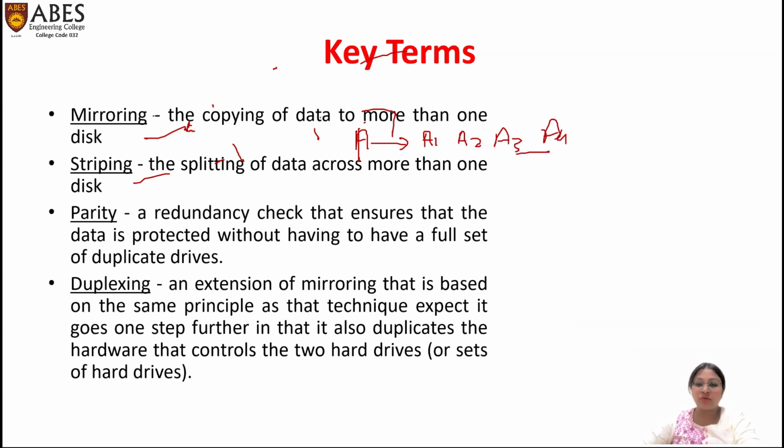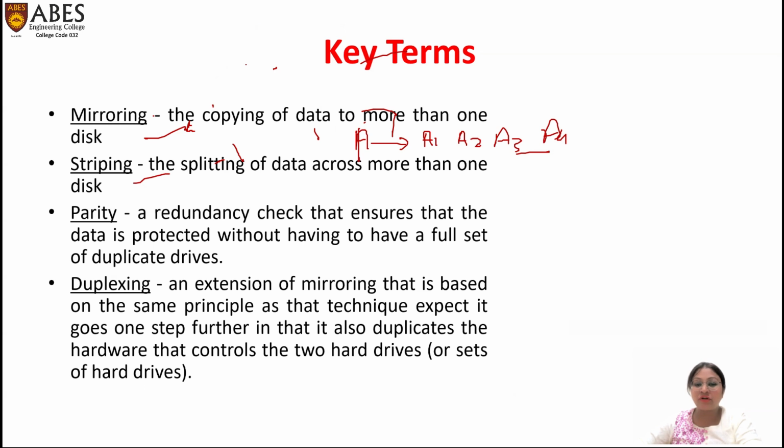Parity means, as you all know, that in data networking, when data is stored in the drives, the parity of that data helps protect it. And if we want the full set of data from all the duplicate drives, then we have to check whether the data that we are retrieving is good or not by checking the parity bit of that data.